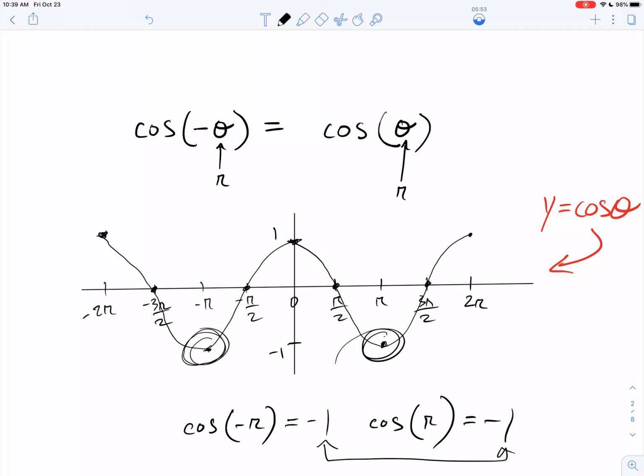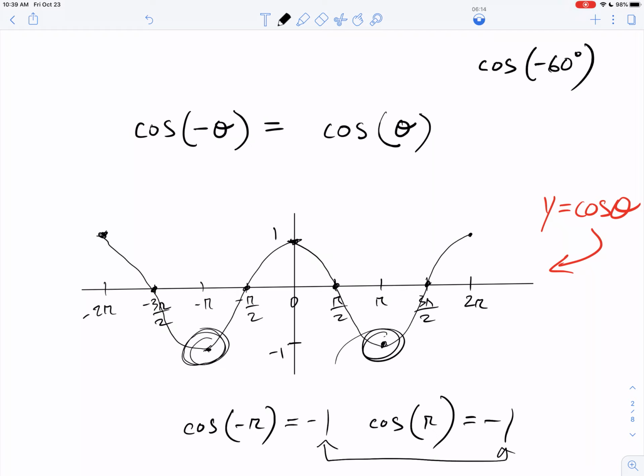So what does that mean? It means, in the formula here, if I take the cosine of a negative angle, whatever it happens to be, it's the same as taking the cosine of the positive angle. Let's suppose I'm working through a problem, and the question says cosine of -60 degrees.